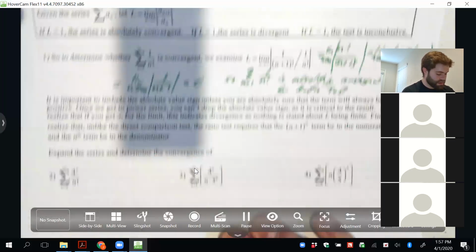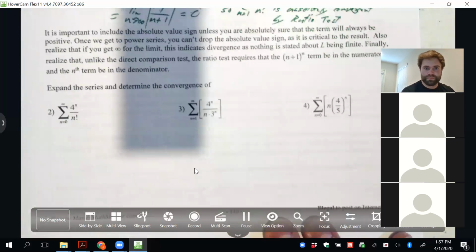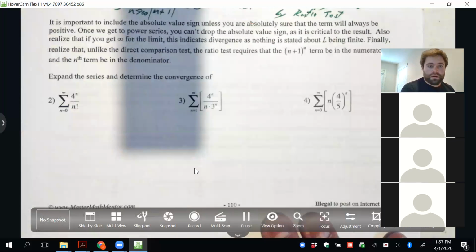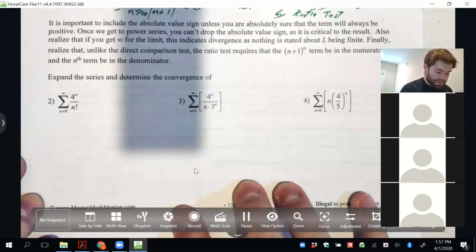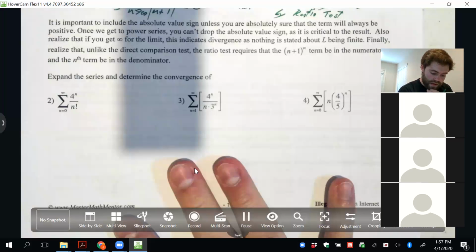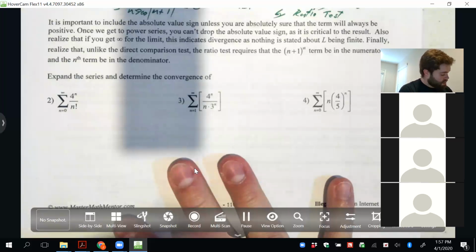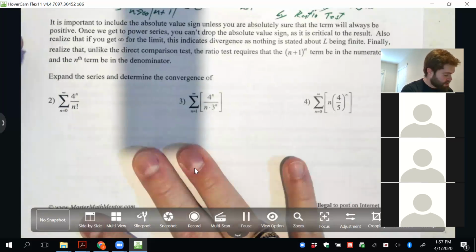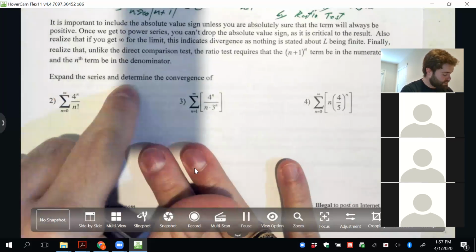Okay, let's look at some of these ones down here. We are asked to expand the series and to determine if it's convergent or not.